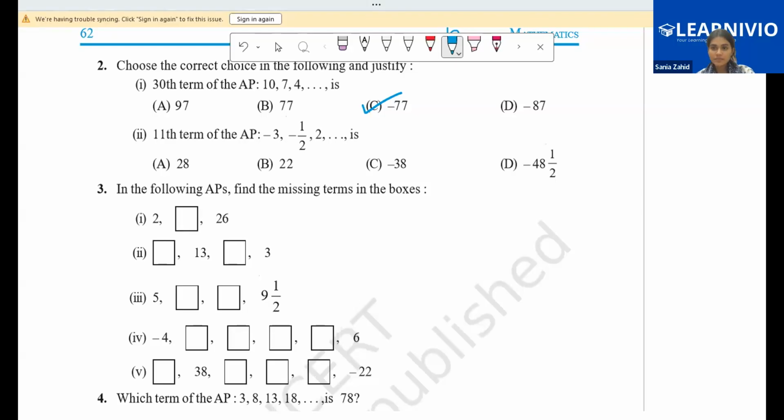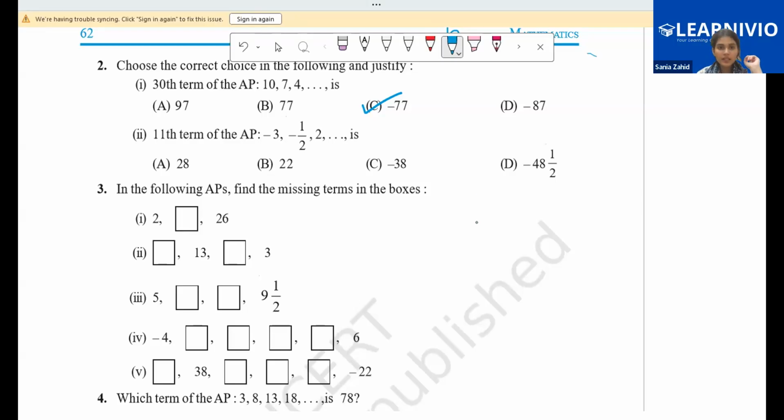Did you solve it, Umair? 22 is the answer. Let's check.